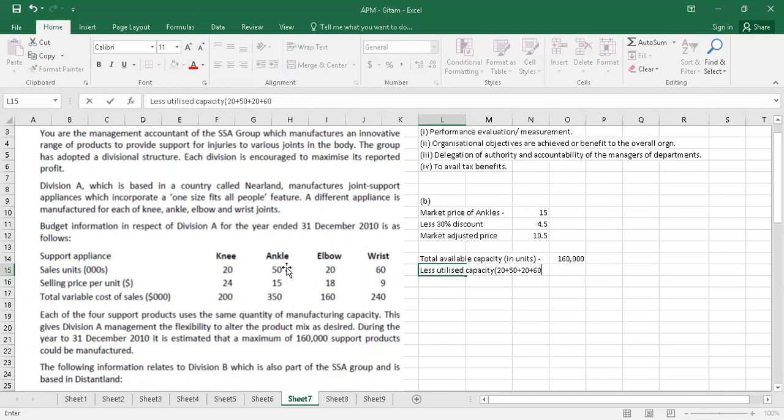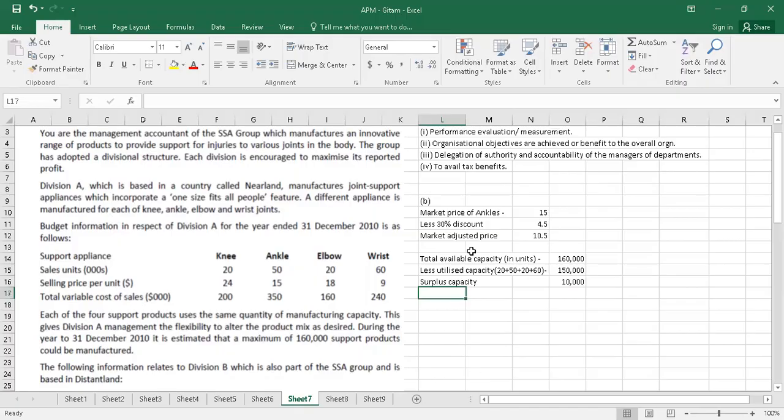So that's coming up to 150,000 units. So surplus capacity is 10,000.